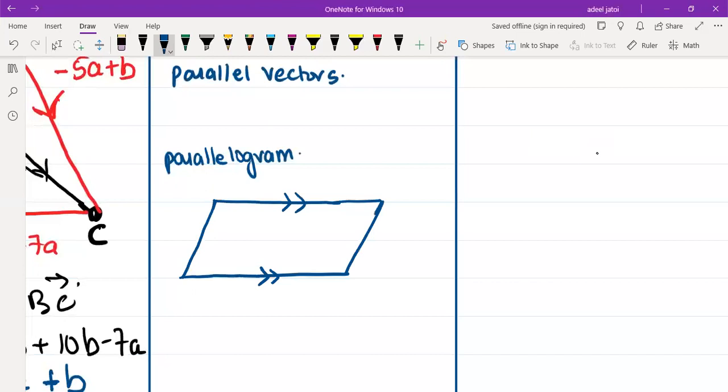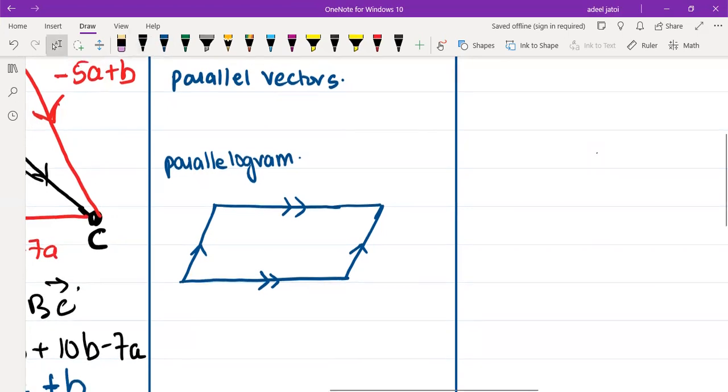So these two lines are parallel and these two lines are parallel. What we need to understand in a parallelogram is that both the lines are same. So if the magnitude of this line is 2a, then we can say the magnitude of the opposite line is 2a as well. If we say the magnitude of this line is 3b, we can say the magnitude of this line should also be 3b.